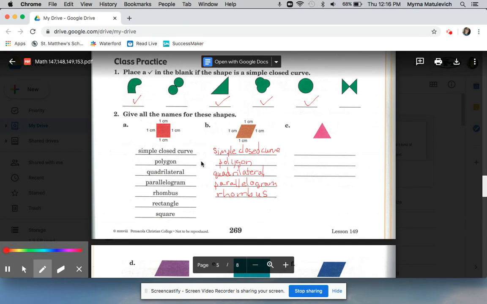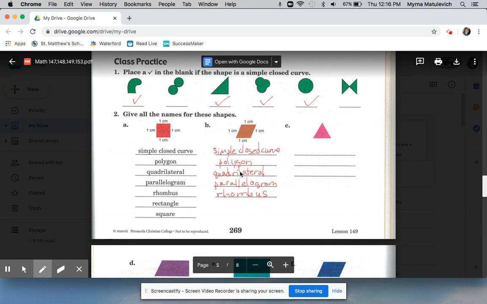So this is something you'll find that you do a lot in the kind of math called geometry, and it's proving things about shapes. And you notice here you're going from general to specific. So we start out by saying, well, I'm looking at this shape and I know it's a simple closed curve because there are no intersecting lines and everything is closed here. It's also a polygon because it's made up of line segments. There's no curves here.